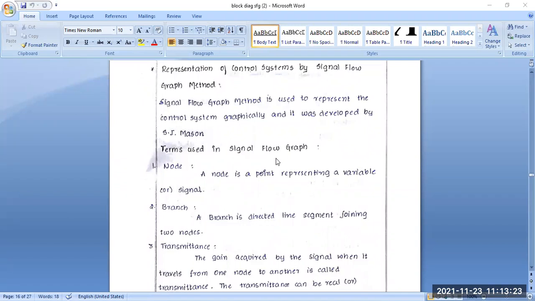In this criteria we have to discuss another type of representation, the signal flow graph method, that means SFG. In the block diagram reduction technique there are different steps.